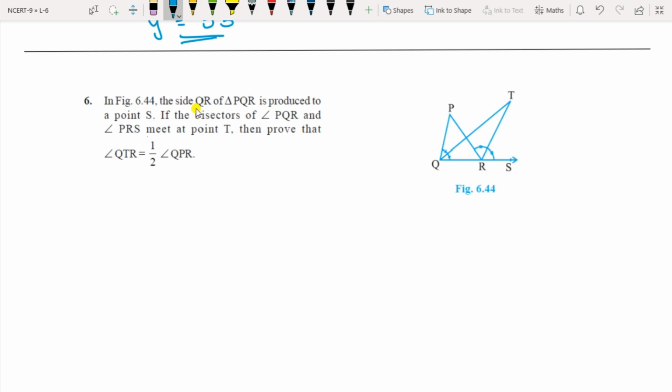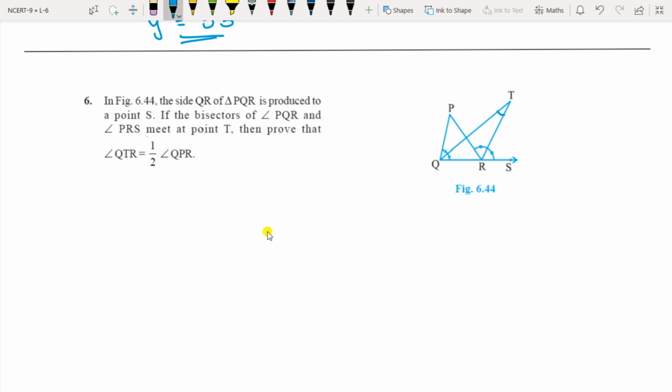So the side QR of the triangle is produced to point S. If QT, the bisector of angle PQR, and RT, the bisector of angle PRS, meet at point T, then prove that angle QTR is half of angle QPR. That you have to prove.